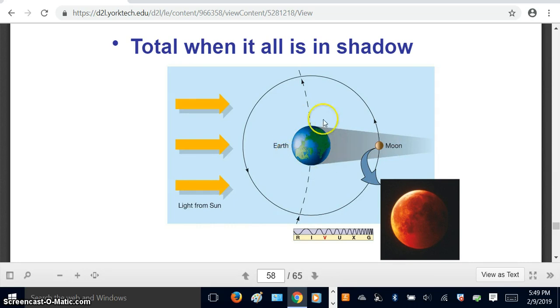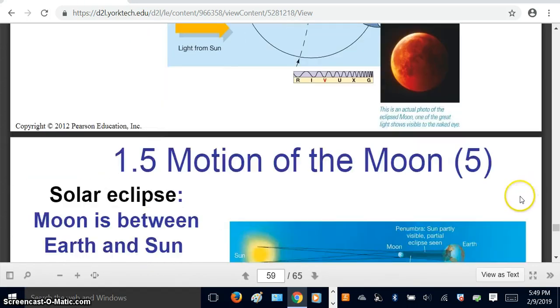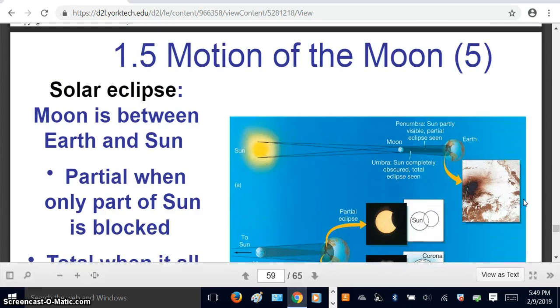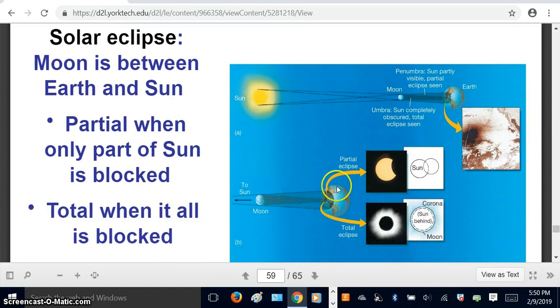The Earth, as you know, has an atmosphere, and what happens is the sunlight gets refracted or bent around the Earth because of the atmosphere, and some of that light, in fact the red light bends the most, and that's why the moon will appear generally reddish or orangish during a lunar eclipse. And of course there are partial eclipses as well.